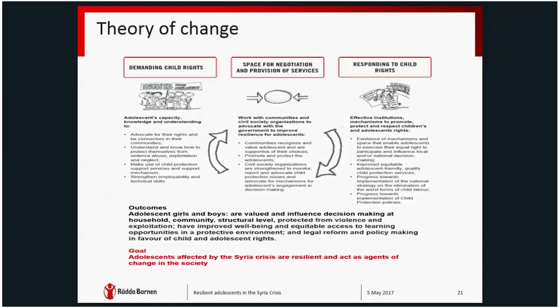And in return, the child rights objective is that we want the adolescents that are affected by these crises to be resilient and act as agents of change. They're valued, they're protected from violence, there's a legal reform.